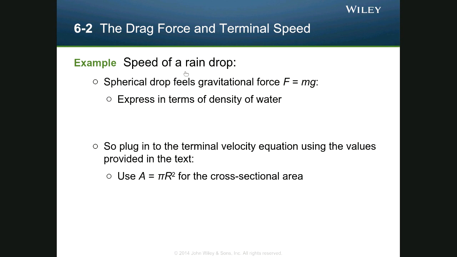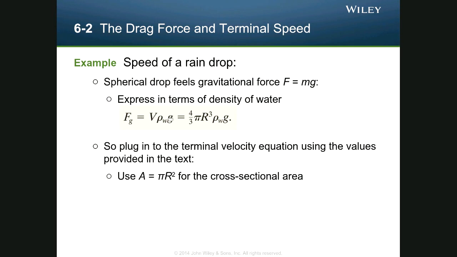So we have a spherical drop that feels the force of gravity, F equals mg. That's not a big surprise. And we want to express this in terms of water density. How do we get the mass of a raindrop? So F of g will equal the volume of a raindrop, which we'll take to be a sphere, times the density of water, which you have to look up, times g.